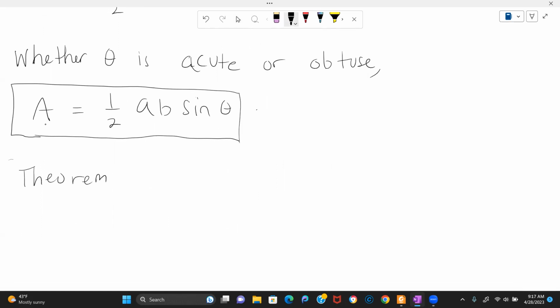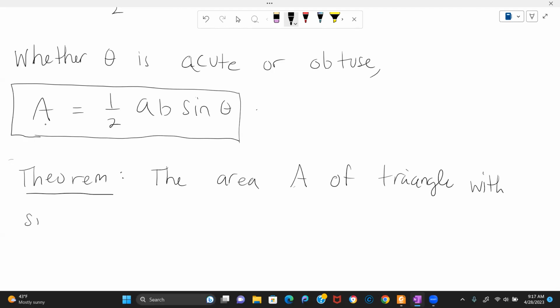And we're going to use this in deriving the law of sines and cosines. So we'll say the area A of a triangle with sides A and B with, I guess they're using the word included, but I think the right word is inscribed also.